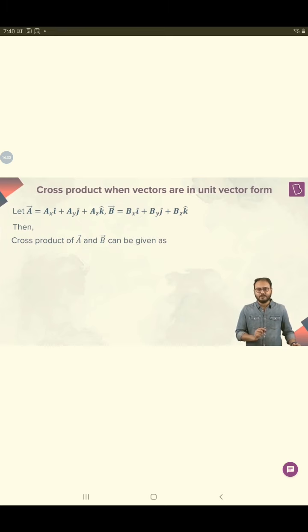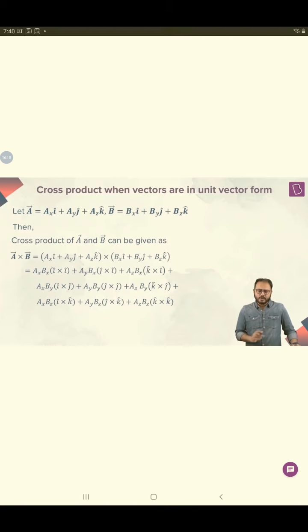That's the question. Perfect. Before I even start, the first step is to open them up like polynomials, the way we did it. So how many terms? 9 terms. Each term of the first bracket gets crossed thrice with each term of the second bracket. There you go. So I wrote the 9 terms first of all. Yes, a pleasant surprise. Not as pleasant as a dot product, but still a pleasant surprise.